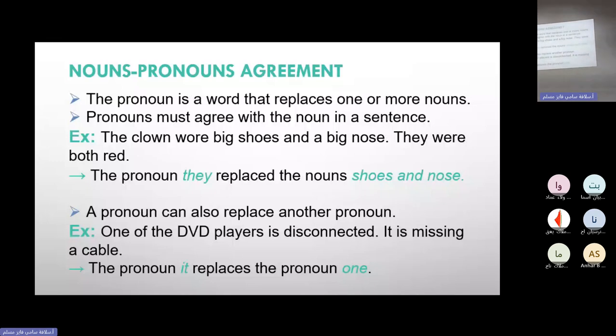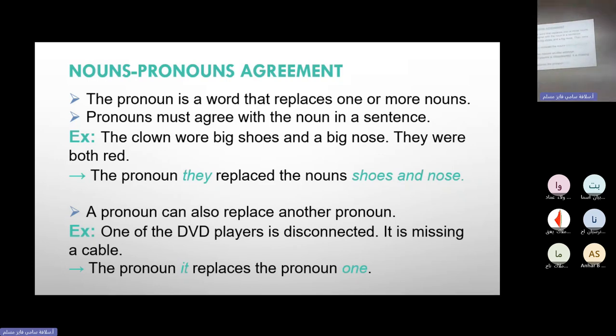We finished the first part, which is noun verb agreement. Everything we said was about the noun and the verb, the agreement of the noun or subject with the verb. Now we will talk about another point, which is noun pronoun agreement, the agreement of the noun with its pronoun.